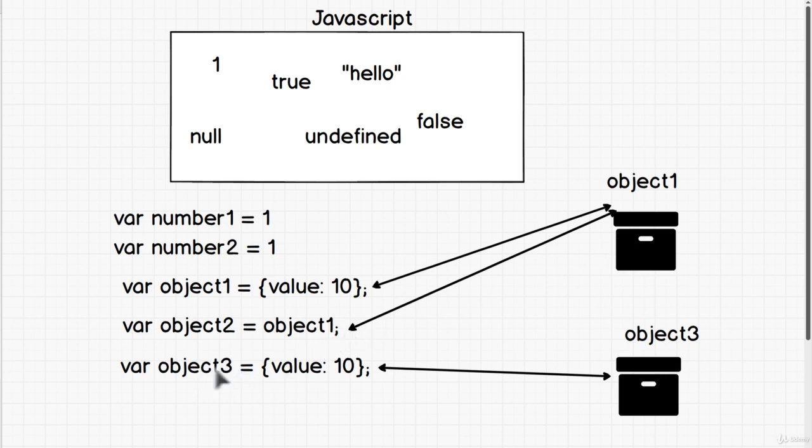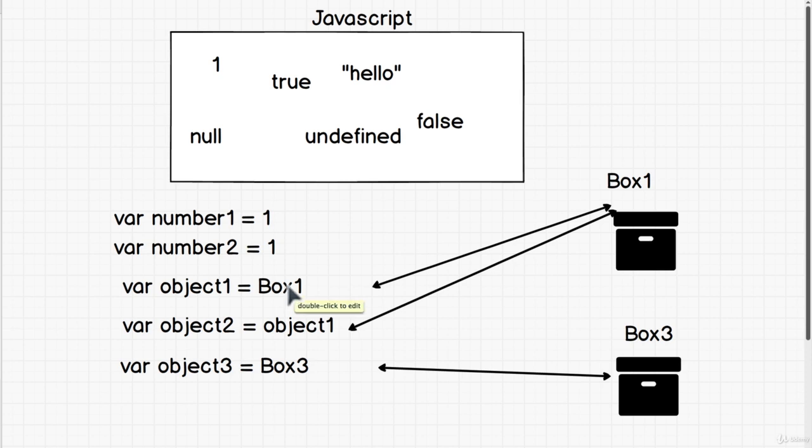When object 3 gets created, it's a new object because we have the new brackets, and it's saying put value 10 in this box. Essentially what we're doing is saying, when we create variable object 1, we're storing just a reference, an address to where we're storing the value 10, which is box 1. So we're saying object 1, I'm just letting you know that this is the address of all the contents that you want.